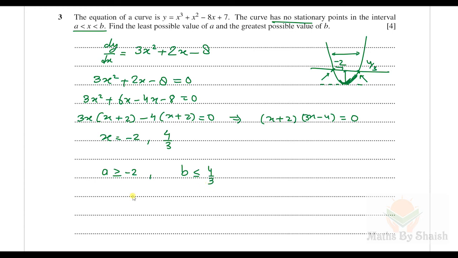So the maximum of the least value, that is the minimum of A, would be minus 2, and the maximum of B would be 4 over 3. So that's how we find the values where there are no stationary points.